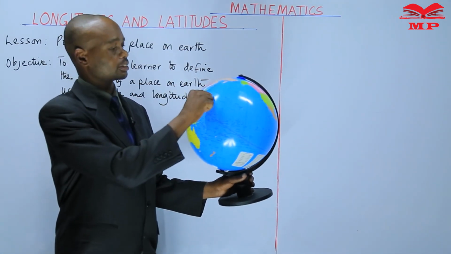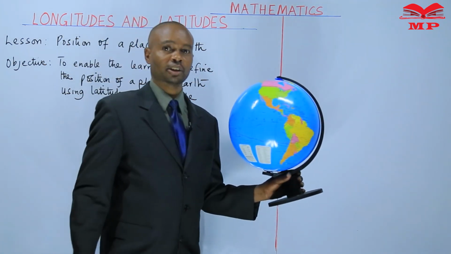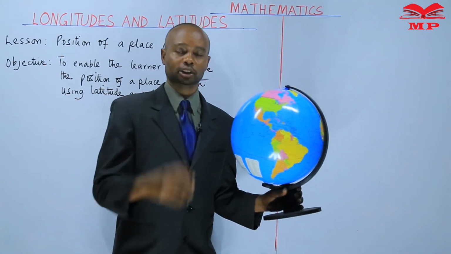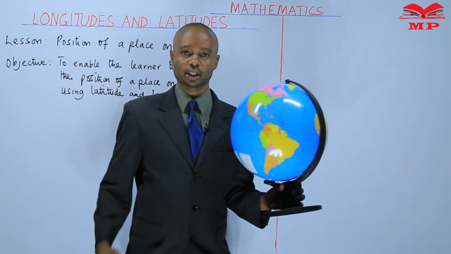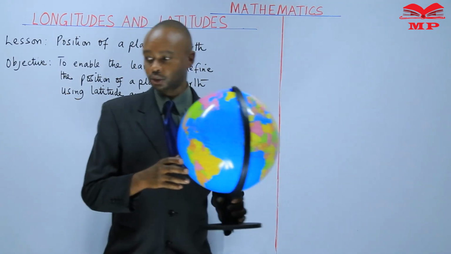If it is this latitude, there are many other positions on that latitude. So it's not adequate to position the place using latitude only. That is why we should also state its longitude.